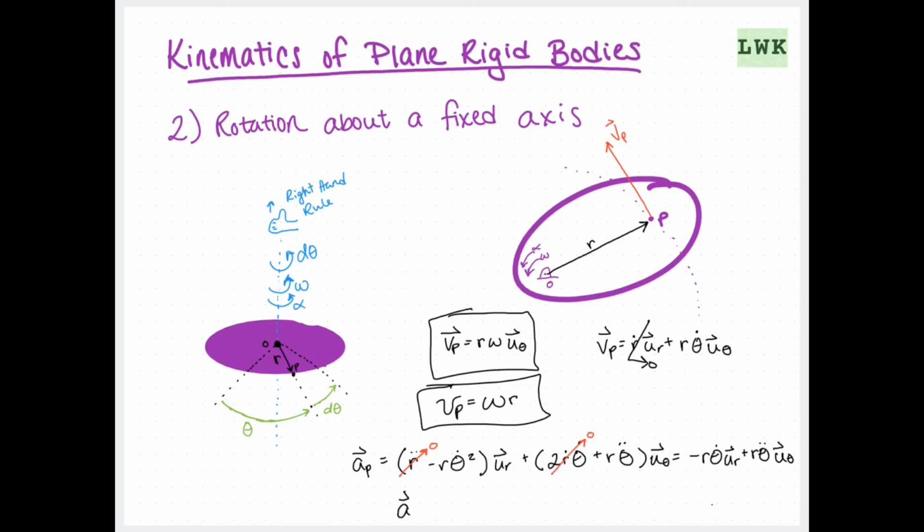So our final expression for the acceleration of point P we can write as negative R omega squared times U sub R, that's our R component, plus our theta component, which is equal to alpha times R. So that is our final expression for our acceleration at point P.